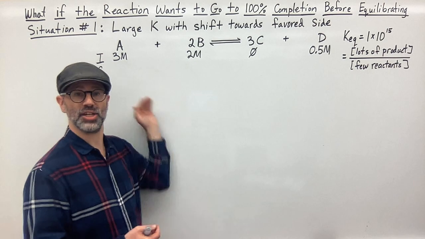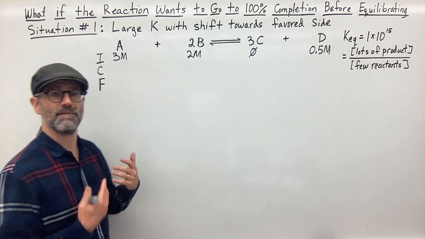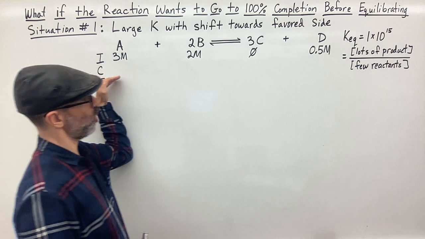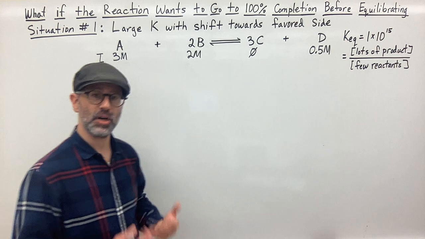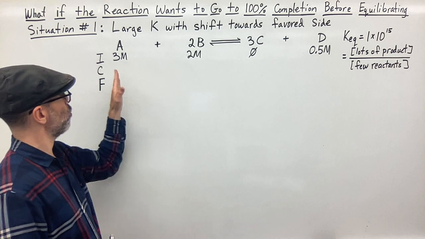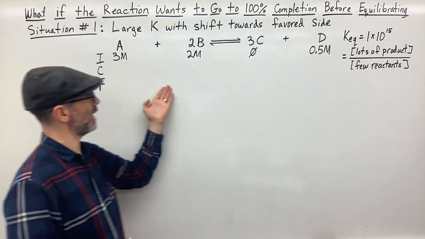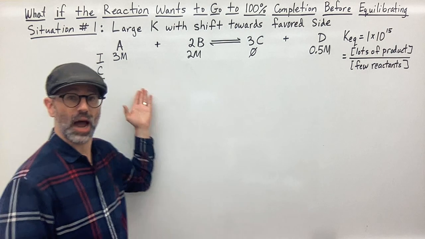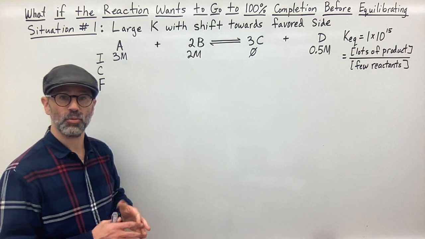So why not just decide that it's going to go 100% that way? We can assume first that it's going to go all of this way, 100%, figure out what the changes are going to be, and figure out what the final amounts are going to be at the end. So we're not doing an equilibrium problem at this step.